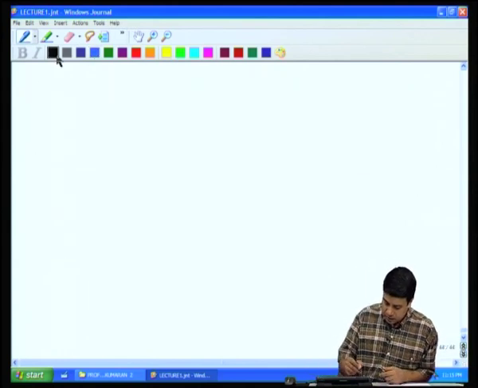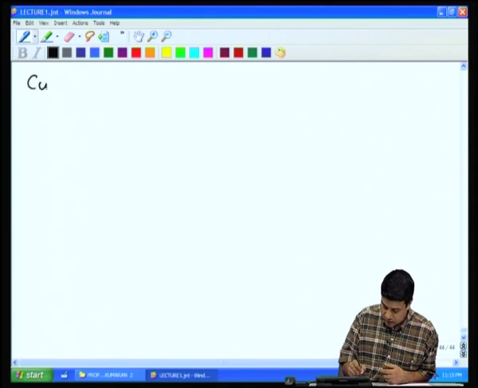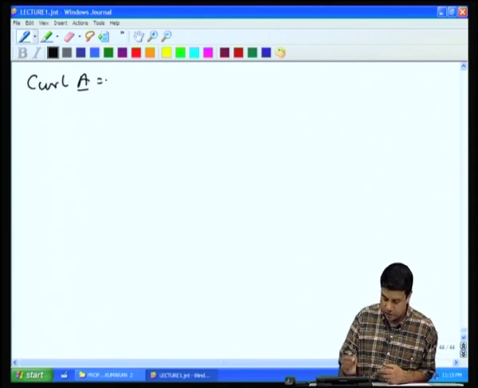The third element that we had considered in the last lecture was the curl of a vector.